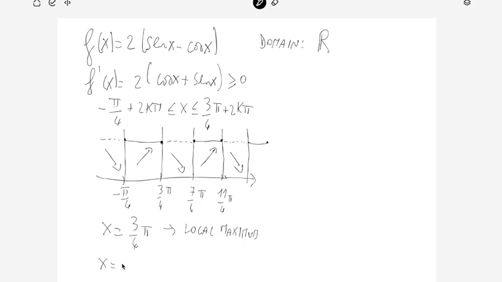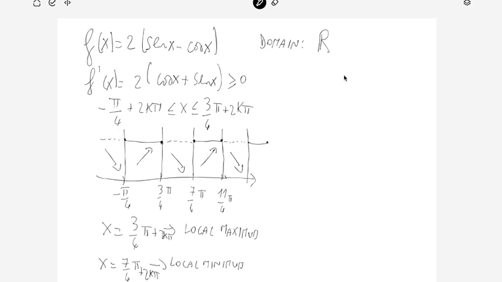In 7 over 4 pi, there is a local minimum. In 11 over 4 pi, there is a local maximum, but we can include it with the periodicity. There is a periodicity of 2 pi here, between 3 over 4 pi and 11 over 4 pi. Okay. So there are infinite local maxima and infinite local minima.